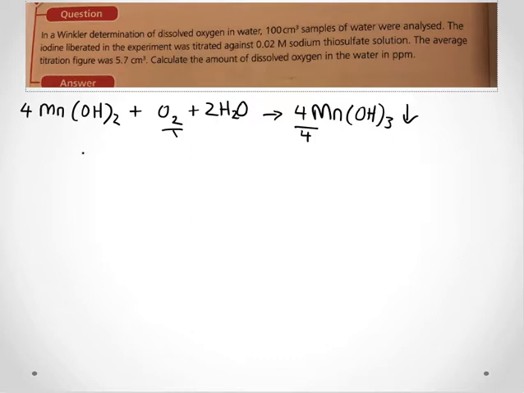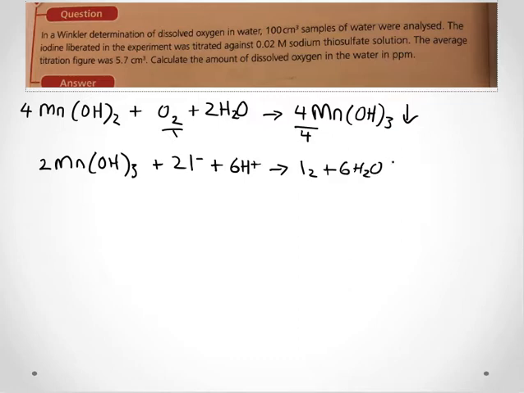Now, the next reaction that we have to look at is what happens to those manganese 3s. When they react with your potassium iodide and your sulfuric acid, you liberate some iodine and some water and manganese 2 pluses.